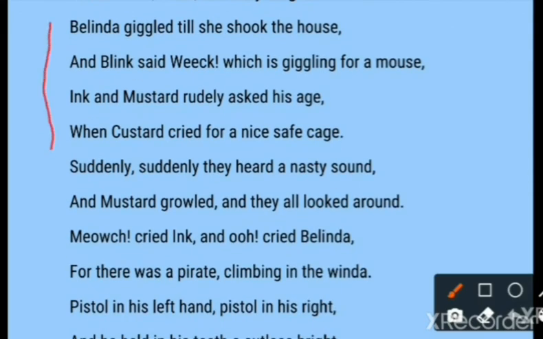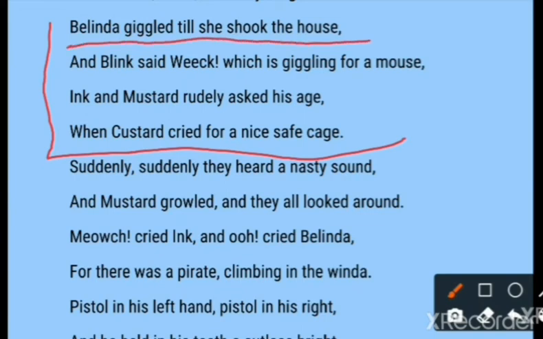Now we have this stanza 6, and stanza 6 has some poetic devices used in it also. See, "Belinda giggled till she shook the house." In this stanza, the very first line has a poetic device, that is hyperbole. Because of Belinda's giggling, it is not possible that she could shake the house.